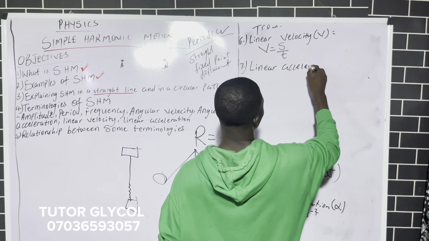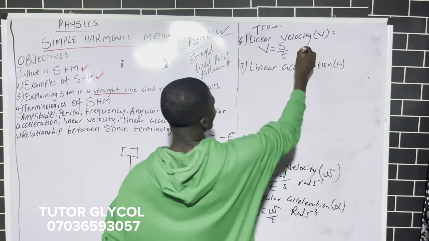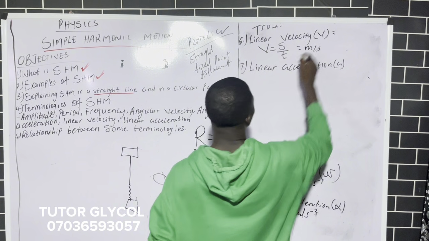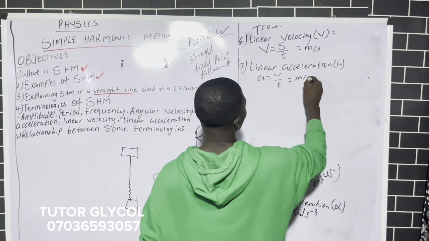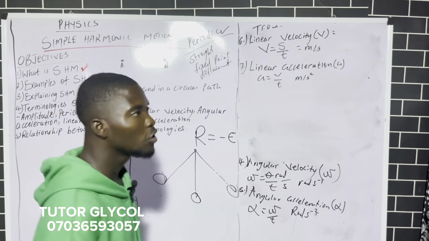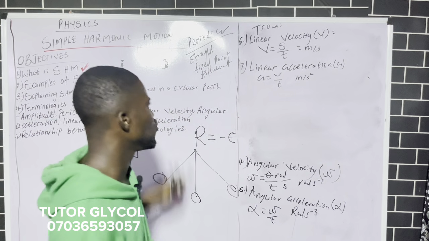Acceleration, a. The unit of velocity is meter per second. This one is a equals v over t. This is meter per second squared, the unit. Don't forget it. This one is something we are common with, so we'll not really waste time there.